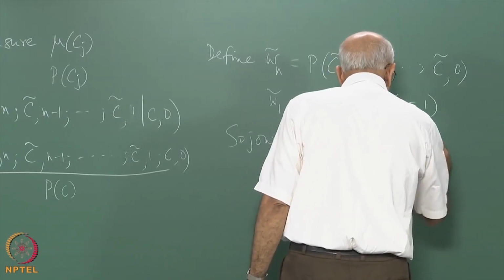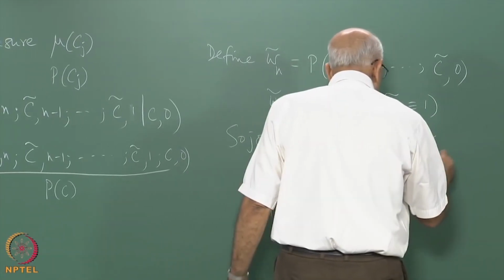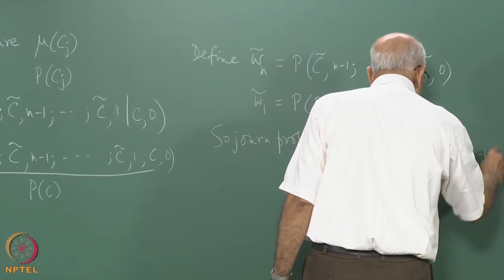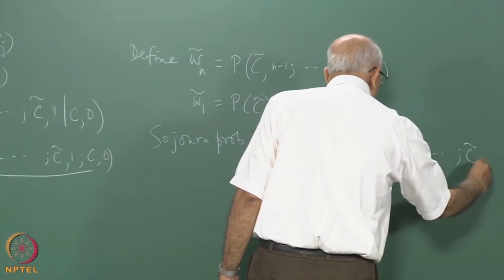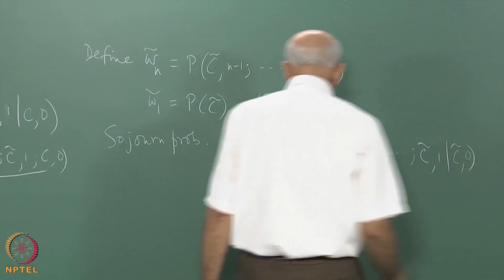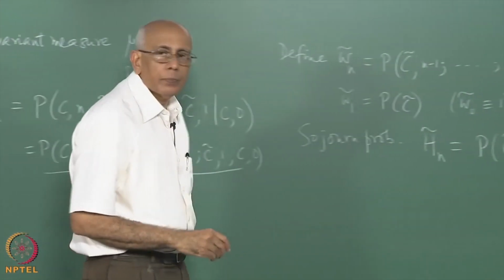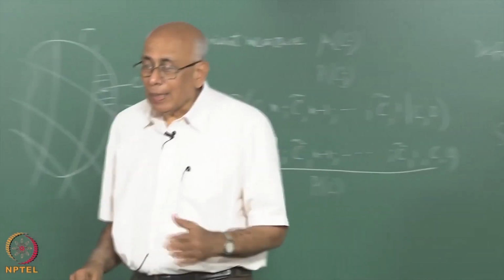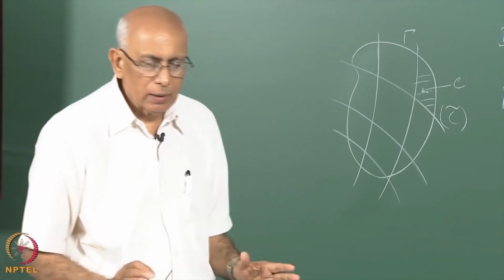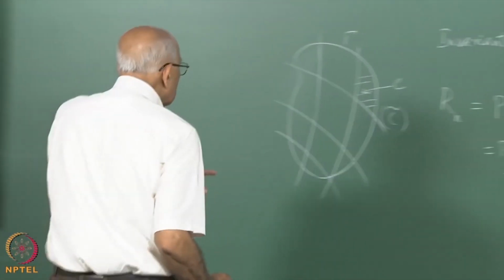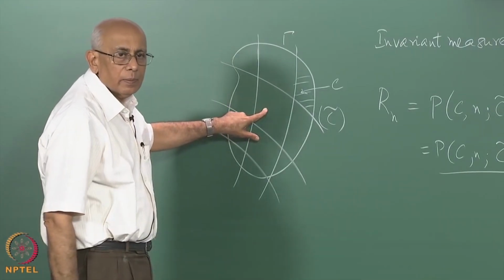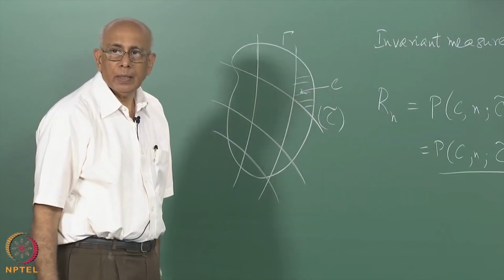So it is the probability of C tilde at time n, C tilde at n minus 1, and so on down to C tilde at time 1, given that you were in the complement at time 0. All the normalizable probabilities will be those which are conditioned on something. So I say I start in the complement at t equal to 0, and what is the probability that I stay here till time n. That is the sojourn probability H sub n.